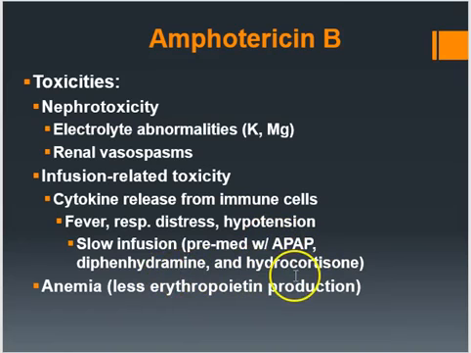These three drugs are there to prevent the pain and the inflammation associated with this cytokine release syndrome. And of course, probably the most important adverse effect would be an anemia. That really stems from the mechanism where less erythropoietin is being produced due to amphotericin administration.